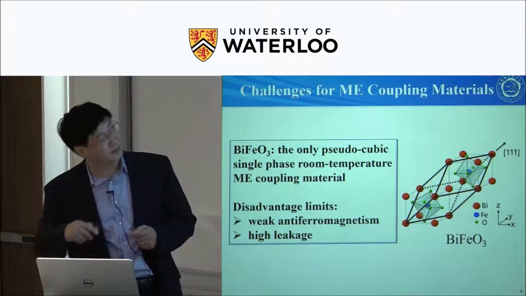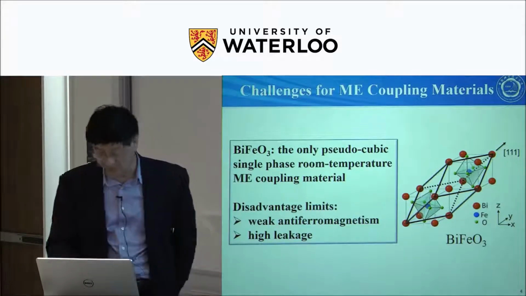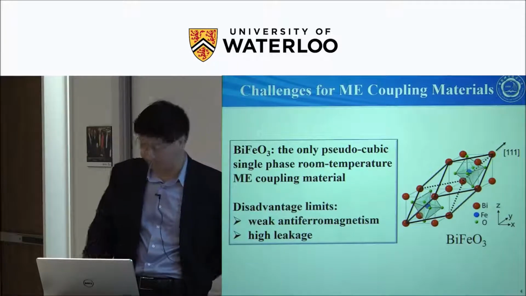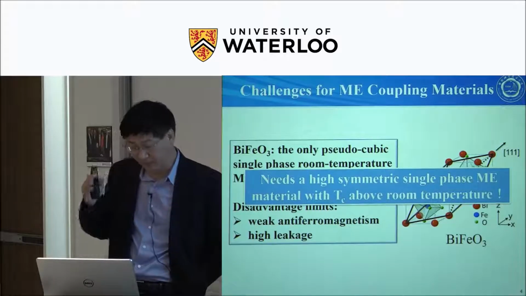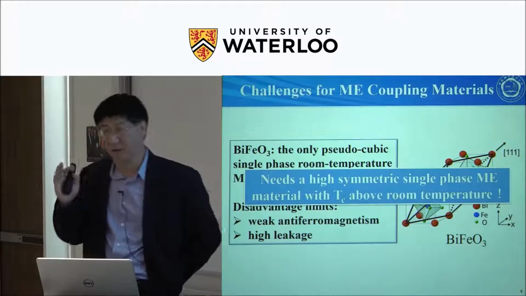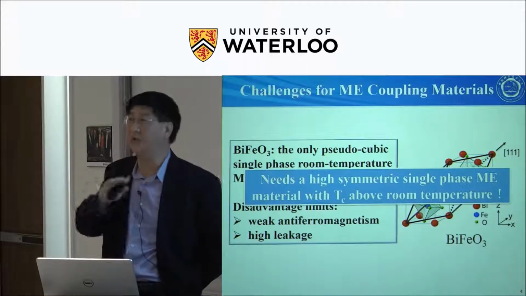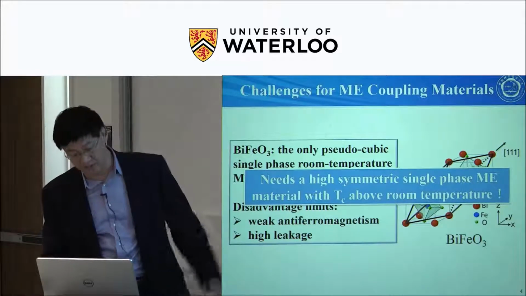That means this material is useless for device fabrication. It is good for physics research, but not for real devices. So we need a higher-symmetry single-phase ME material, remember that, with a Tc above room temperature. These are three different requirements for future material development.